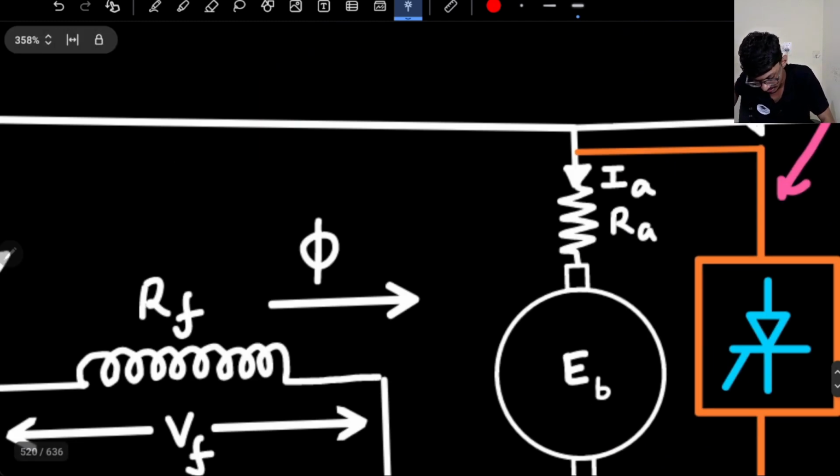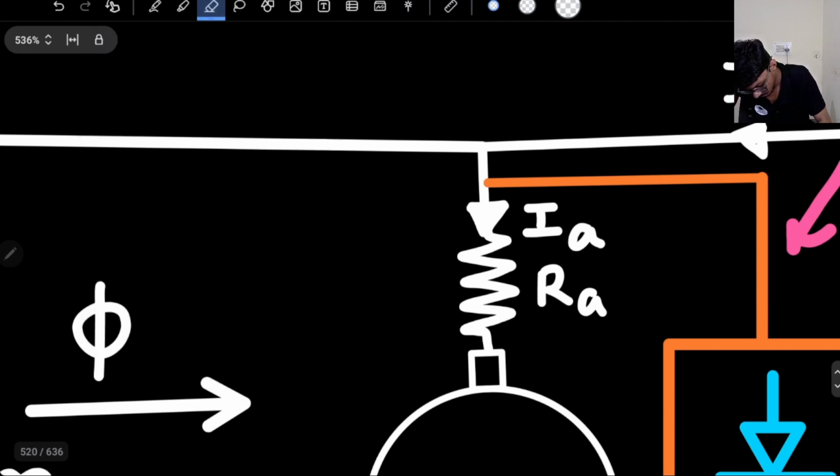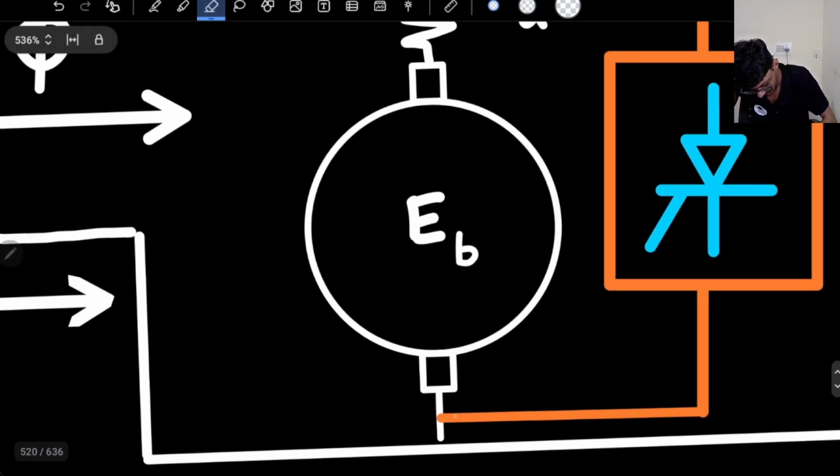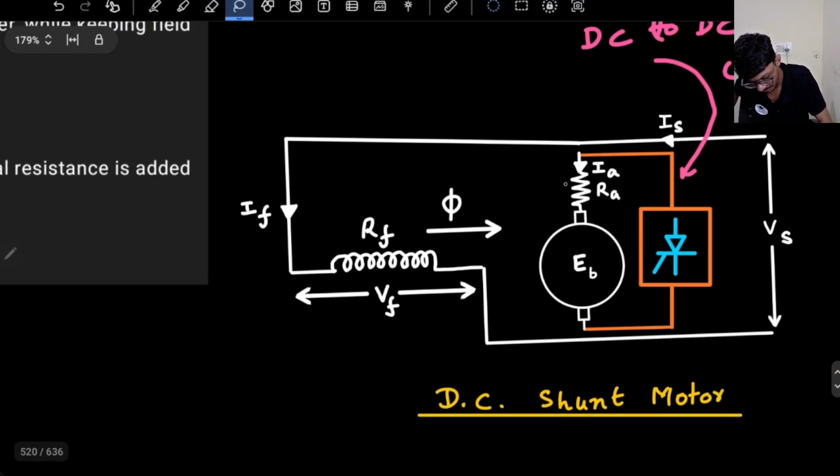Actually, one mistake I have made. This will not be directly connected. The converter will be connected to the supply, and the converter output, the chopper output, will be given to the armature.